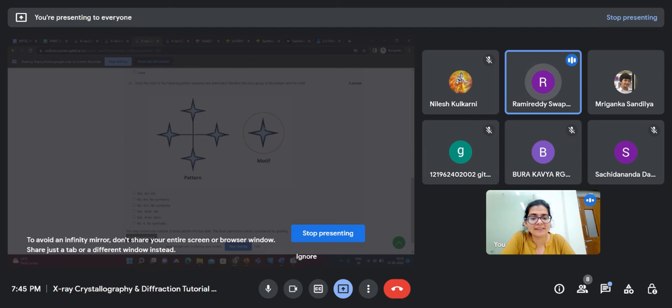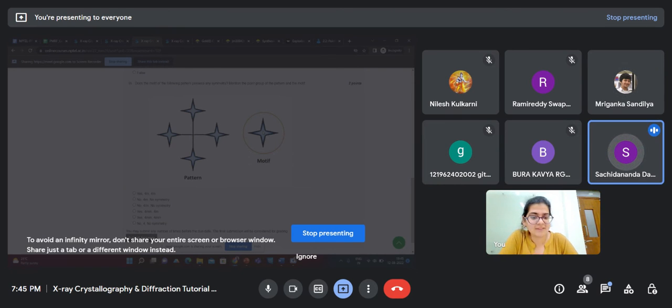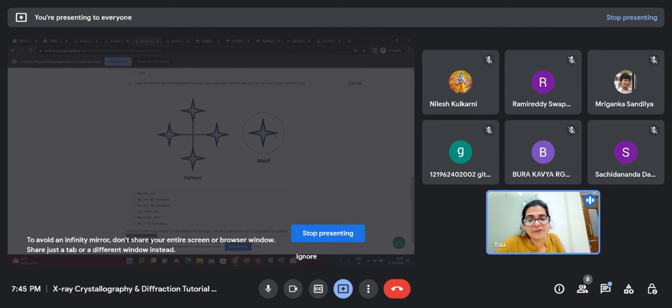Fourfold axis of symmetry. How will it be fourfold? You can see this motif here and here. I told you one formula: theta is equal to 360 degree by n, or n is equal to 360 degree by theta.